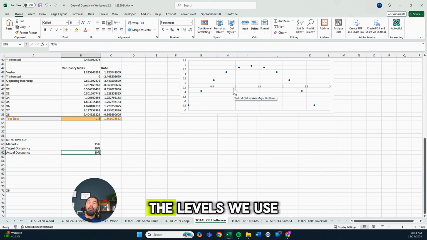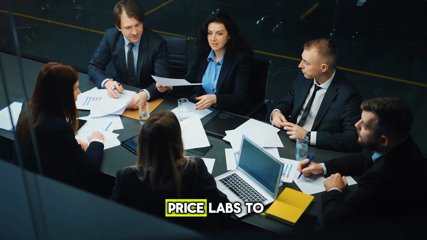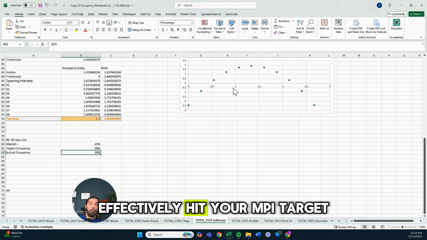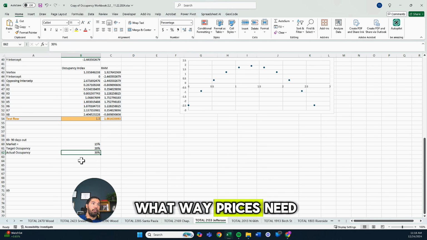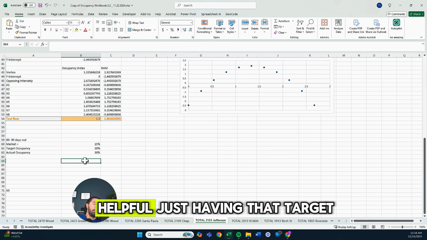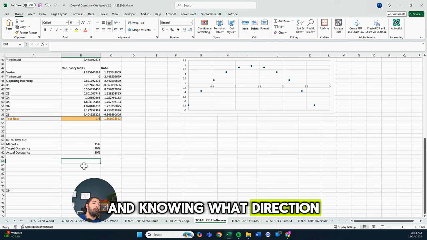And so again, the levers we use to know exactly how much to raise and lower the prices by are plentiful. There's a lot of them. We would have to dig into our price labs to get into a serious session on how you could set up your price labs to effectively hit your MPI target, but we do know directionally what way prices need to go. And so it's very helpful just having that target and knowing what direction you need to move prices.